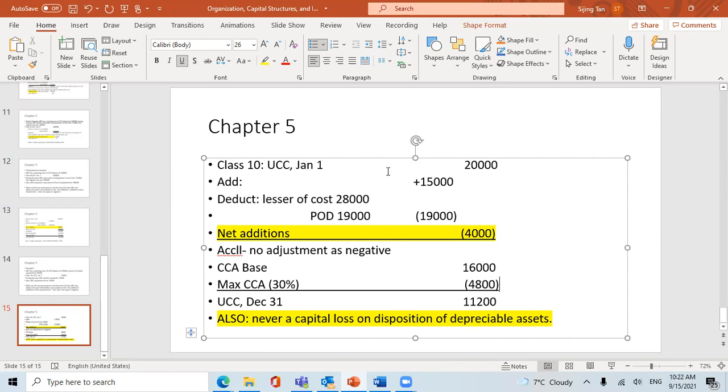As promised, for homework assignment number 1, they actually show you 5 different classes and a UCC beginning balance, and then you need to calculate the max CCA that can be taken by this company during the year. The second one asks you to advise how much CCA you would take for the taxation years.